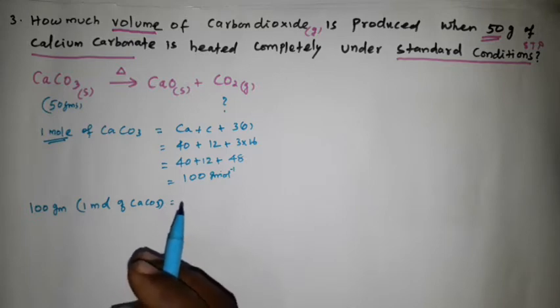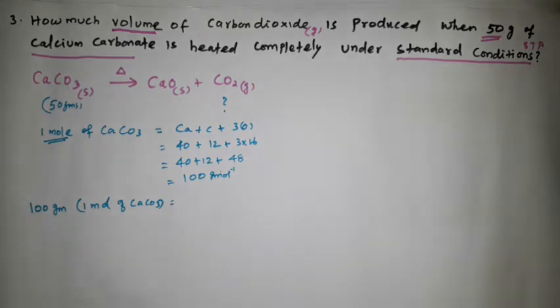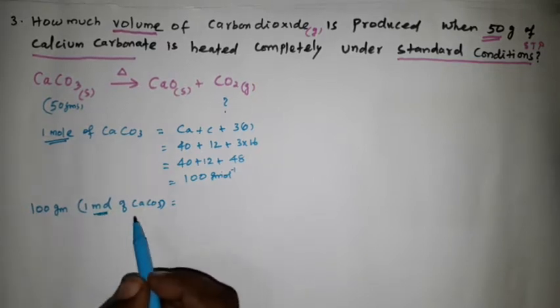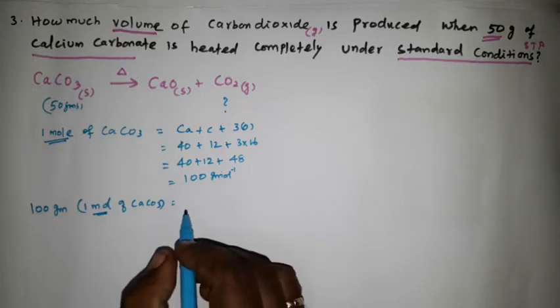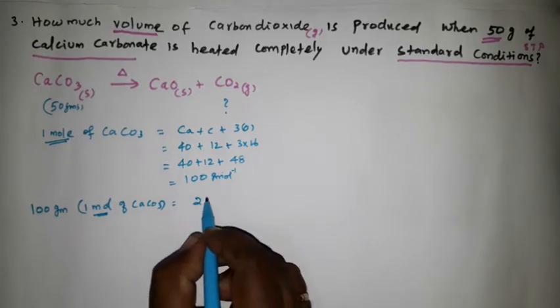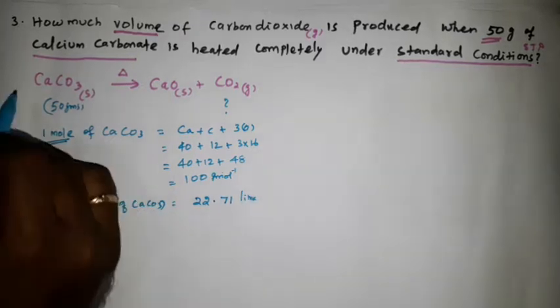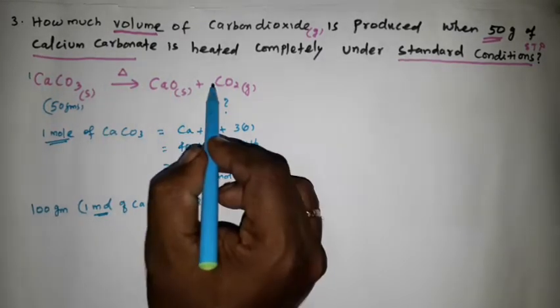In the previous lesson we discussed molar volume, that is the volume occupied by 1 mole of any substance in the gaseous state. You will get around 22.71 liters. See here, the calcium carbonate is 1 mole, and here also 1 mole.